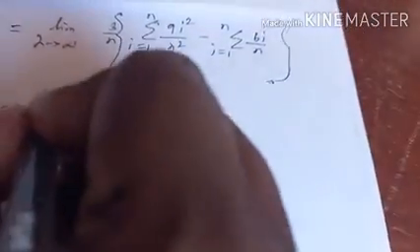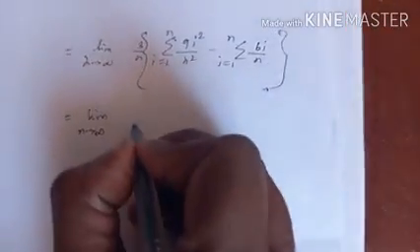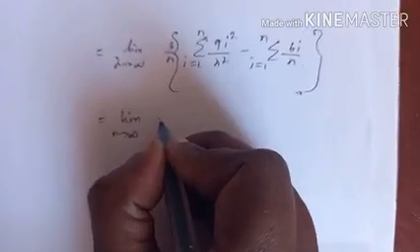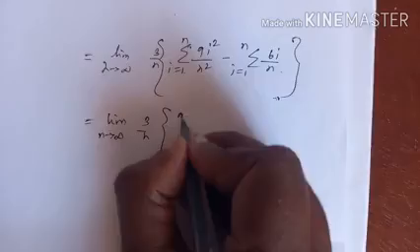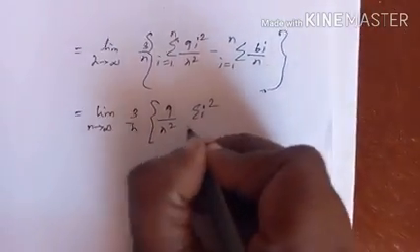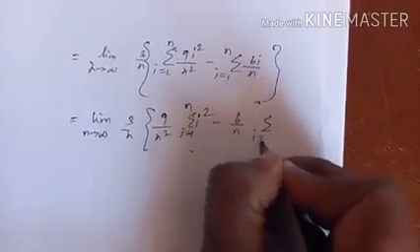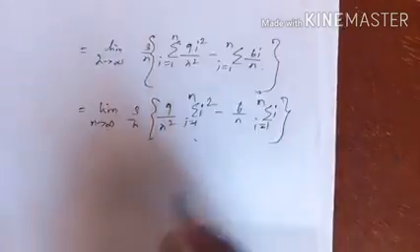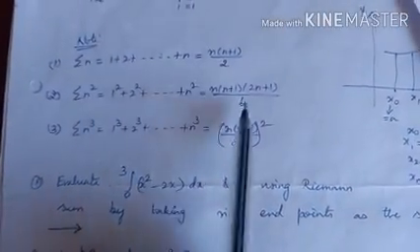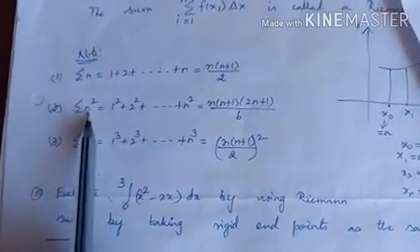It is 9 by n square into summation i square, i from 1 to n, minus 6 by n into summation i from 1 to n. Just now I said, right, if you know the summation n square formula and summation n formula, in place of n I have i, summation i square and summation i.